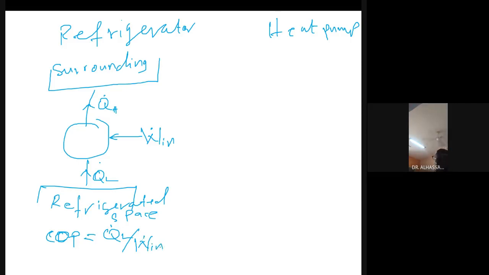Similarly, for a heat pump, let's say you have a house which is very cold in winter. They install a heat pump. What the heat pump does is take heat from the surrounding.